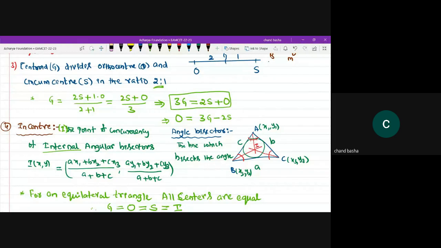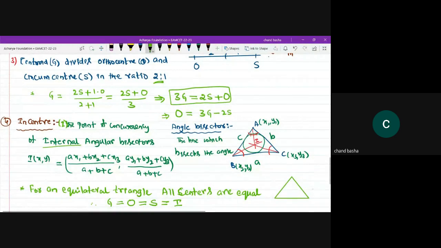If I extend this line ABC, and here is your point D, this angle is called an external angle. Suppose the line divides the angle into two equal parts. So for the excenter, I am going to take the external part of your angles.